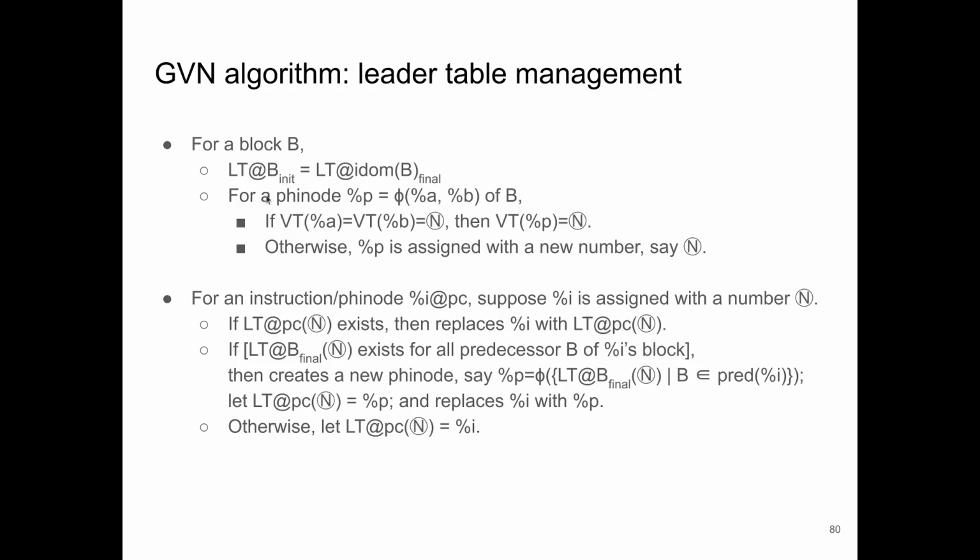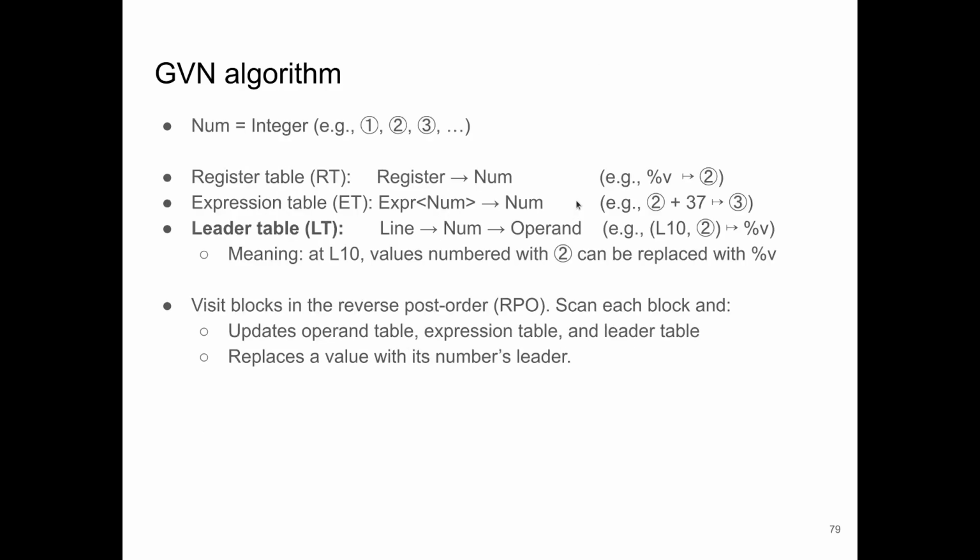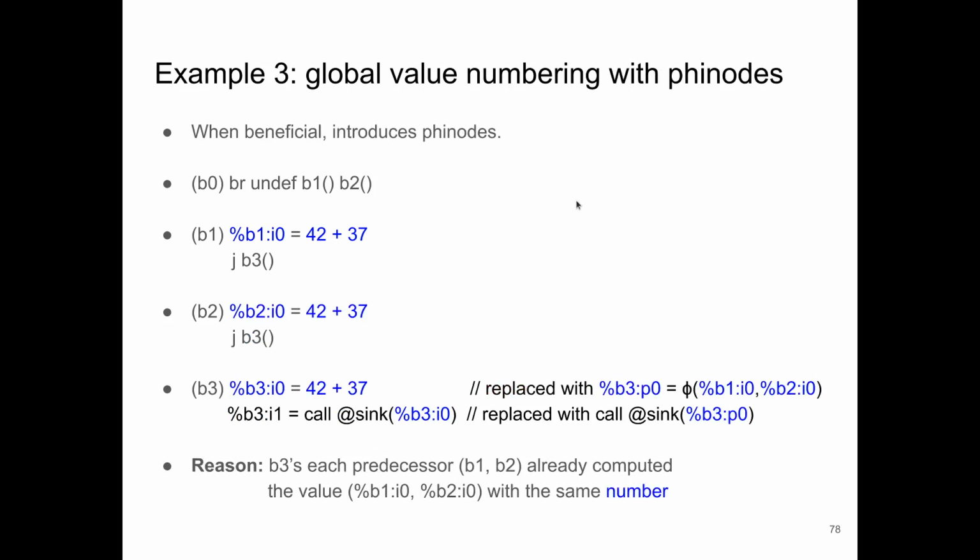And now, suppose we have a phi node P, then we first see whether all its arguments are numbered with the same number. And if it is so, let's say they are numbered with n, then we're going to say that this P should have the same value. So this has already appeared here.